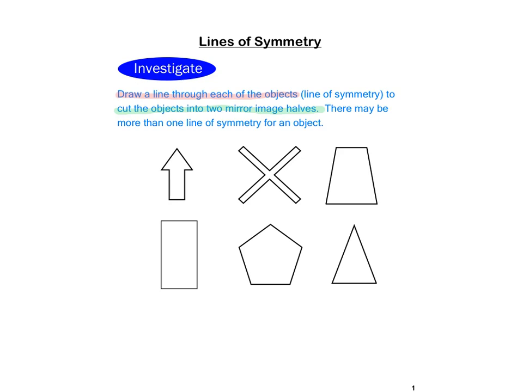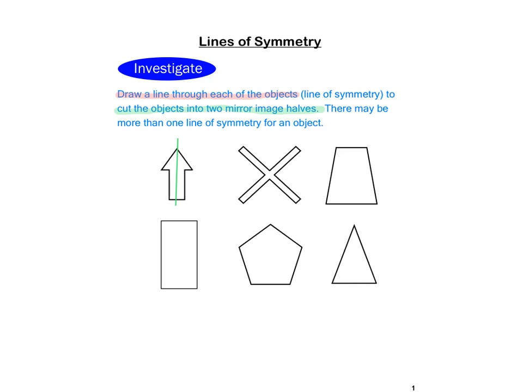So let me go to my line tool here. We'll start off with the arrow in the top left-hand corner. Can we draw a line of symmetry? And in fact, we can. That line of symmetry would look like that. That line of symmetry would cut that arrow in half.